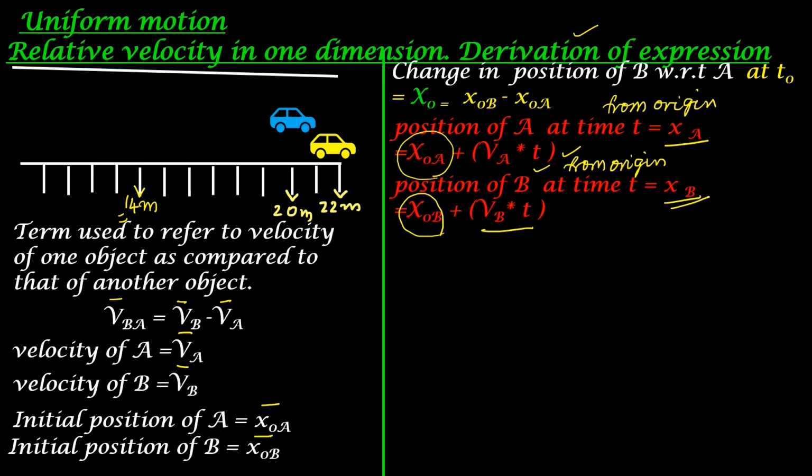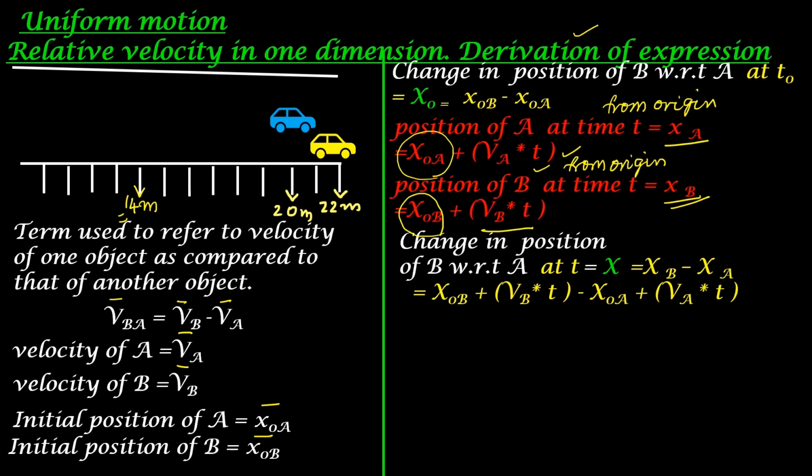Now that we know their position at time t, we can easily calculate the change in position after time t. Change in position of B with reference to A at t is equal to x. We take that symbol. That is equal to xb minus xa. And we already have a formula for xb and xa.